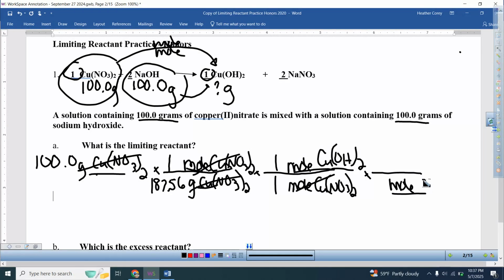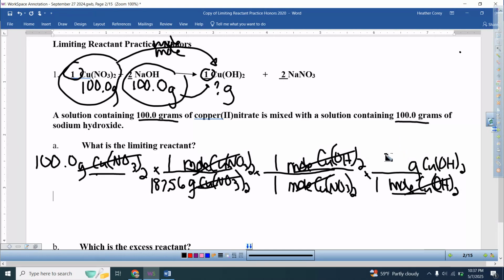Then last step, copy and paste this. If you need a refresher on this, these videos are located on Google Classroom. So this is moles of copper hydroxide, and we want this to cancel. And we're looking for grams. When it asks for yield, sometimes it could be moles, sometimes liters, but generally that's going to be grams. So we're looking for grams of copper hydroxide.